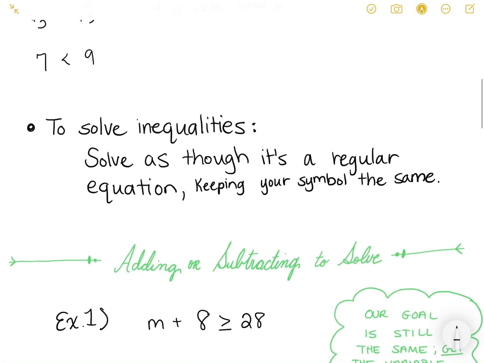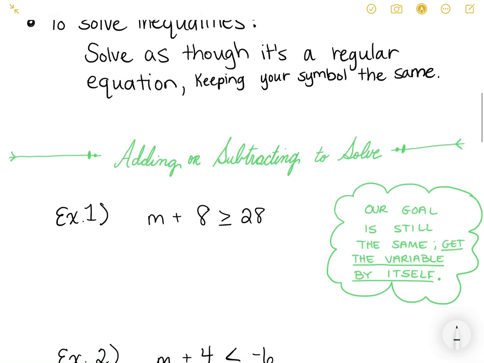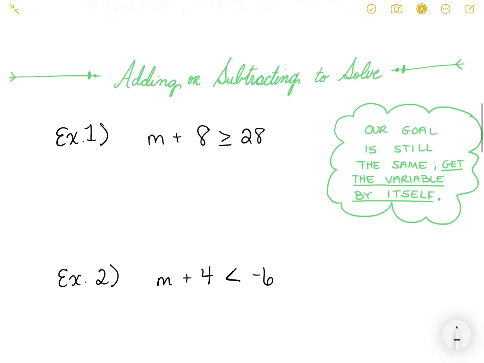So let's start off with adding or subtracting to solve inequalities. Notice out to the side that it says our goal is still the same, and that is to get the variable by itself. Remember with our equations, when we tried to get the variable by itself, that meant that I had to cancel out the constant that was with the variable.